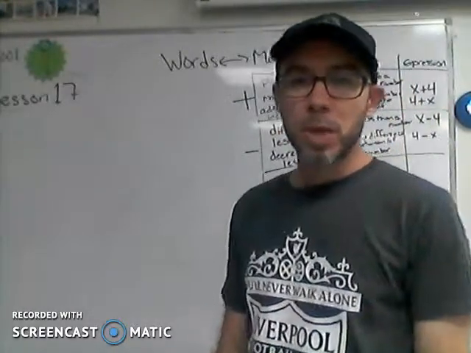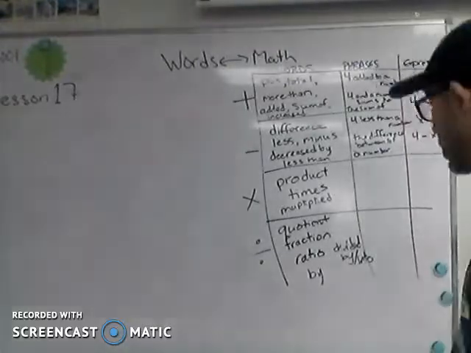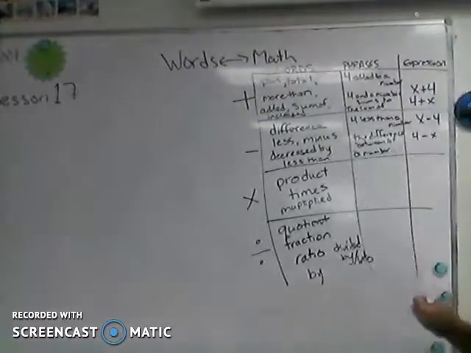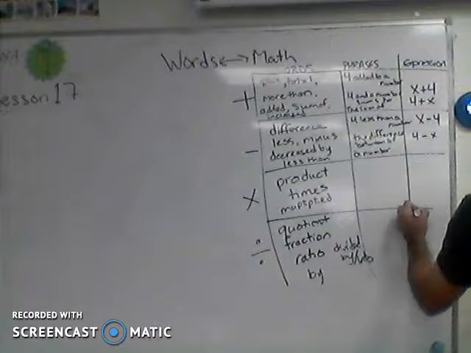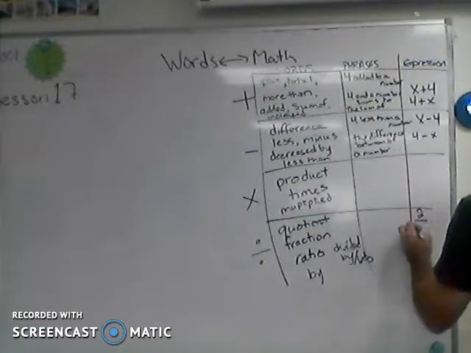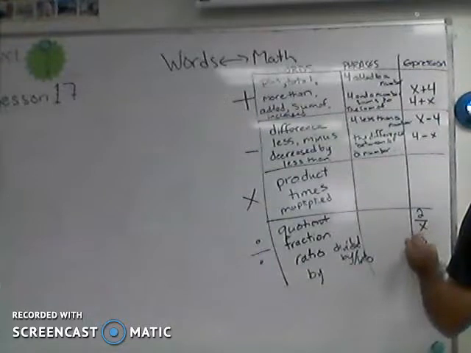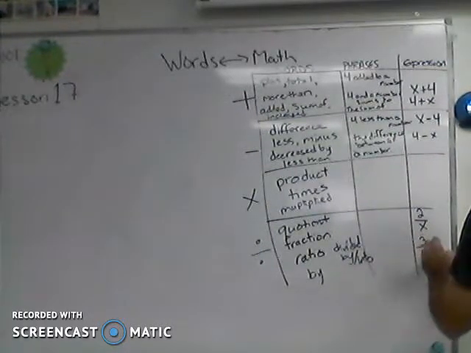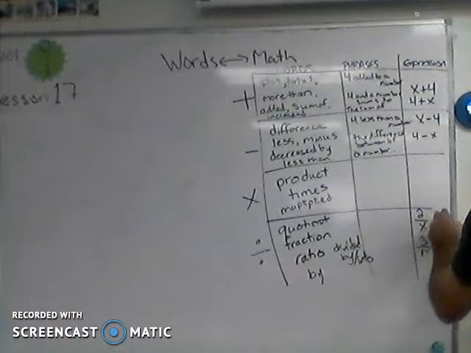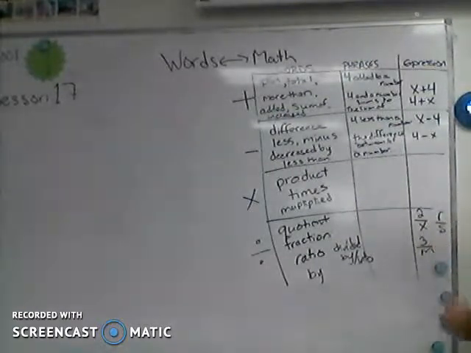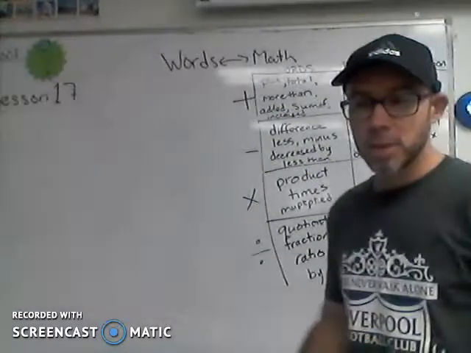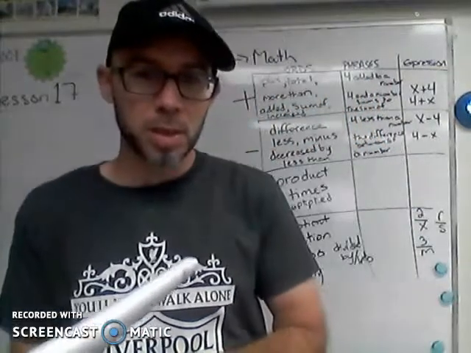All those are good expressions in words for a particular type of math. Quotient of two numbers, you could say quotient of 2 and x. You could say 3 divided by m. You could say r divided by s. The quotient of t and m is t divided by m.